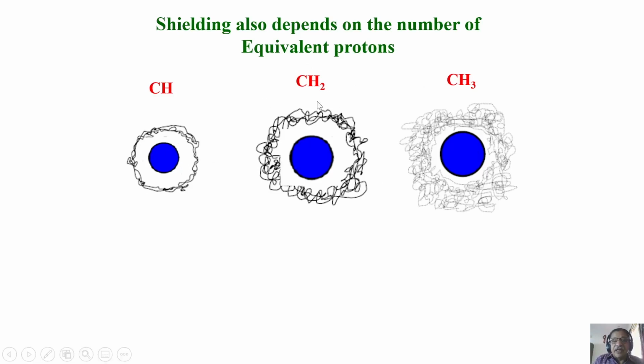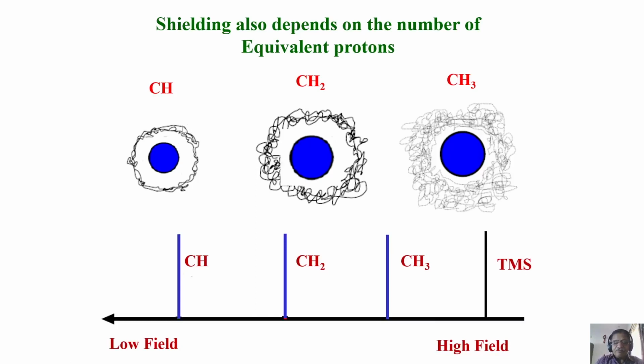Where should this peak come? Let us extend the logic. If CH has one proton, let's say it comes here, CH3 comes more shielded, a little high field here, then CH2 has to come somewhere in between, because the charge distribution around the nucleus for CH2 is in between that of CH and CH3.